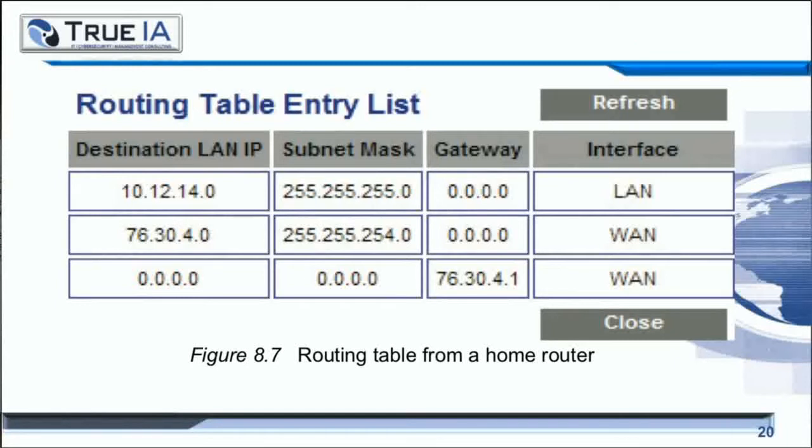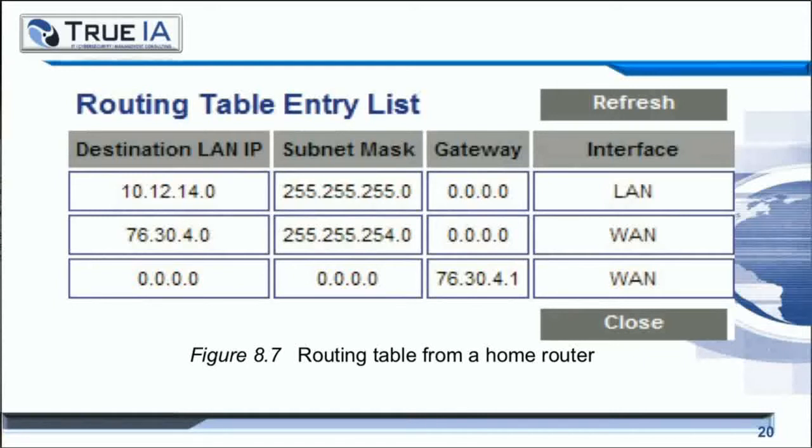And then in our second example, it knows the destination IP of 76.30.4.0 with a subnet mask of 255.255.254.0, a default gateway of quad 0, and it knows to send it out its WAN port.